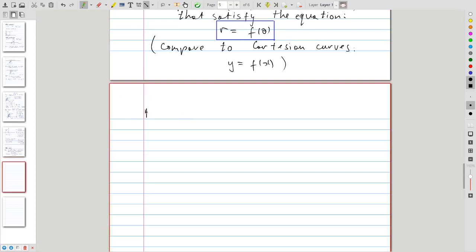let us look at example 5, in which we will determine which curve is given by r equals, say, 5.